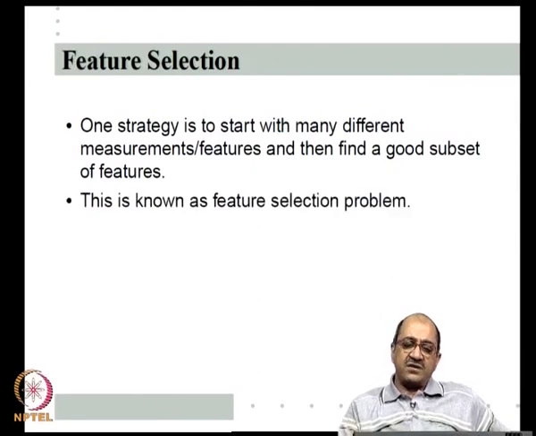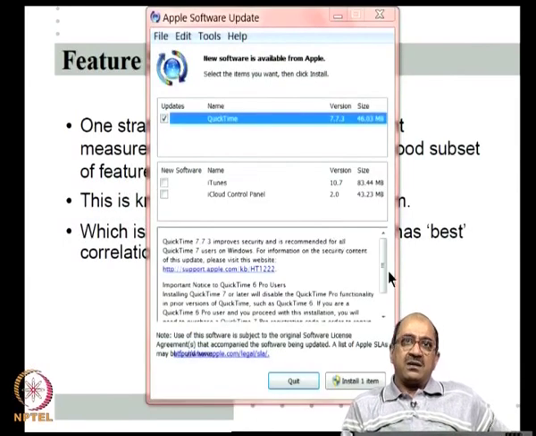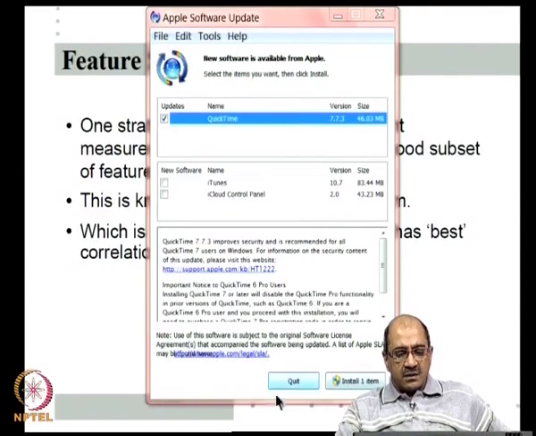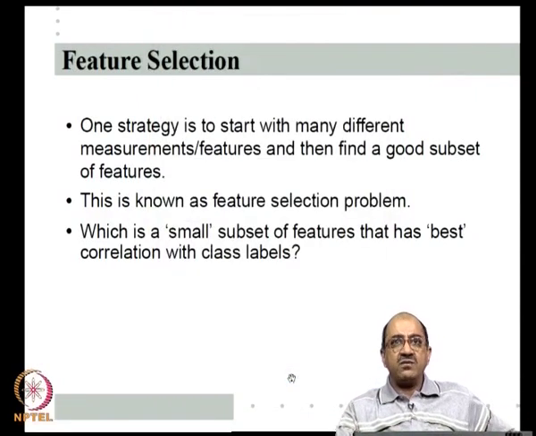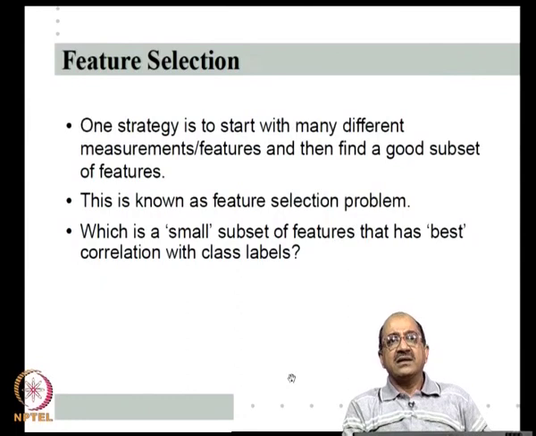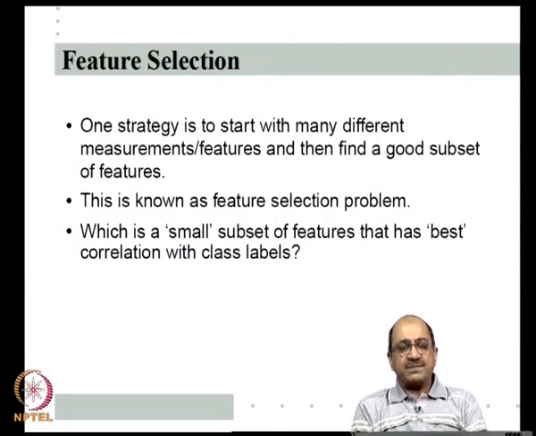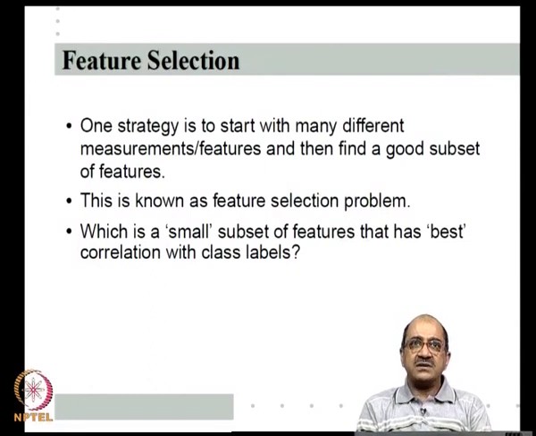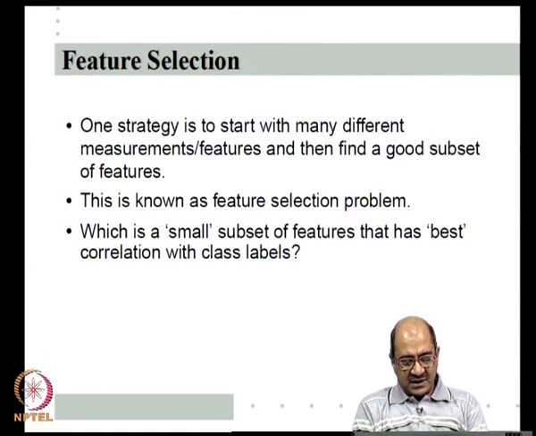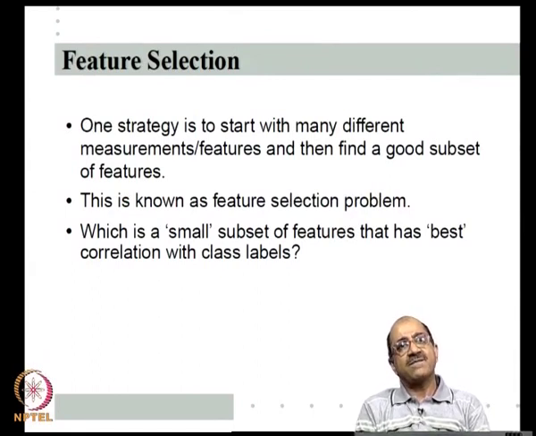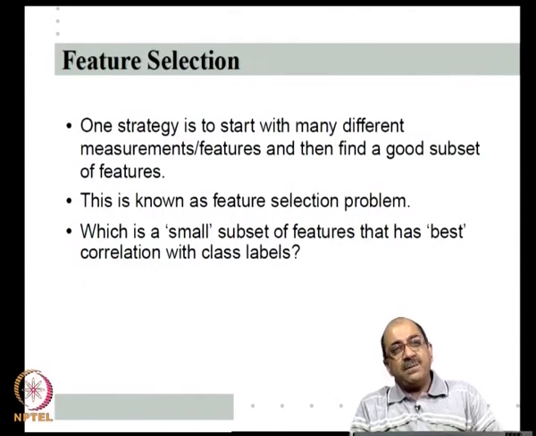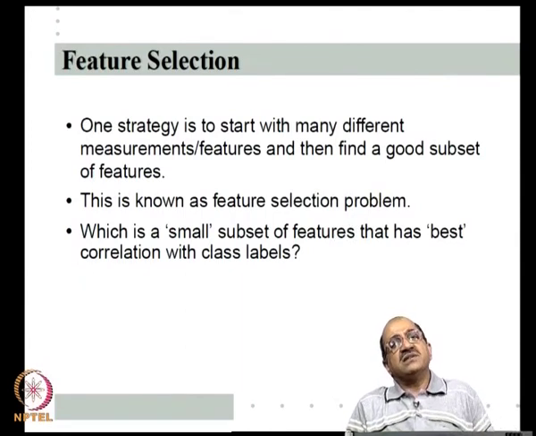Right. This is known as the feature selection problem, and the problem we want to address here is essentially which subset of features have the best correlation with the class label. So, we are asking, given my training data, what is the best subset of features I can use?